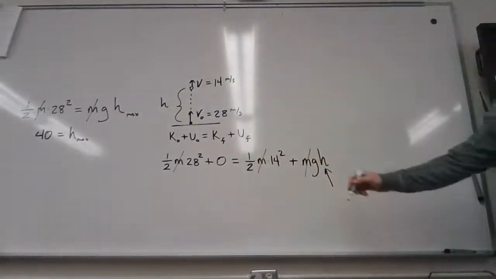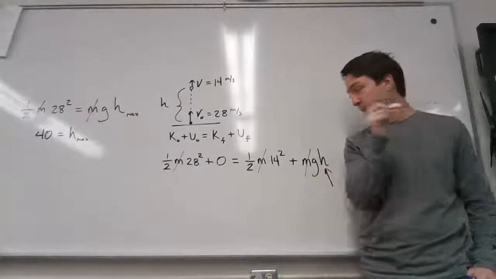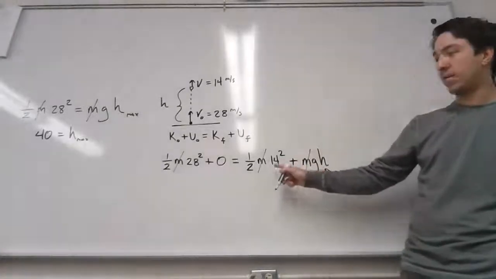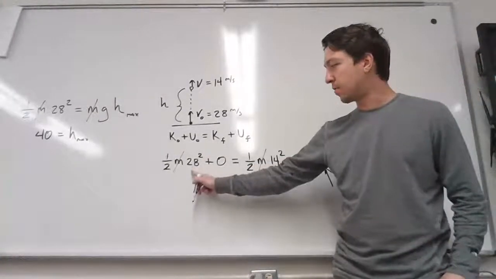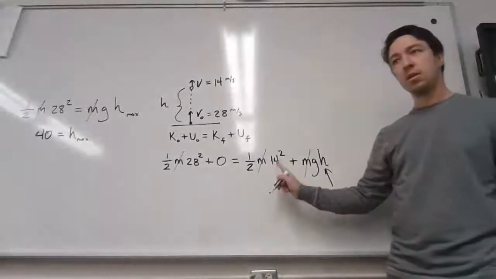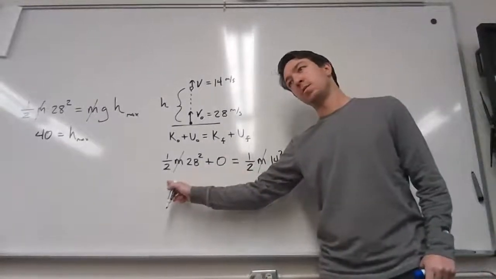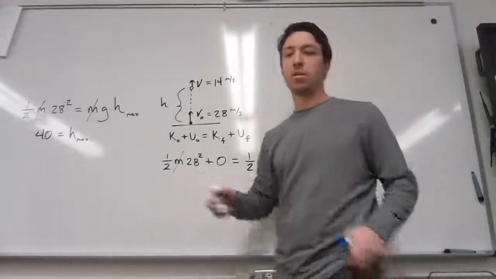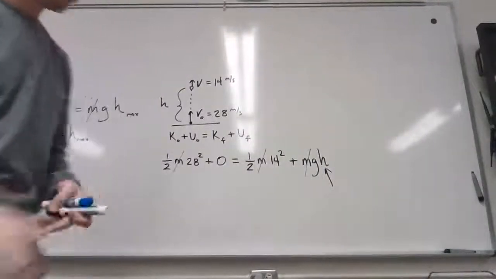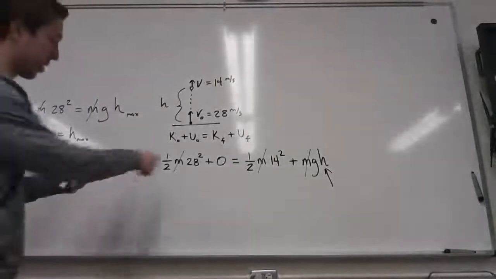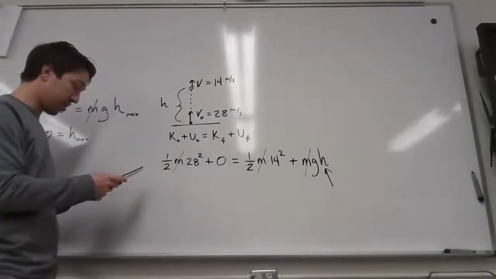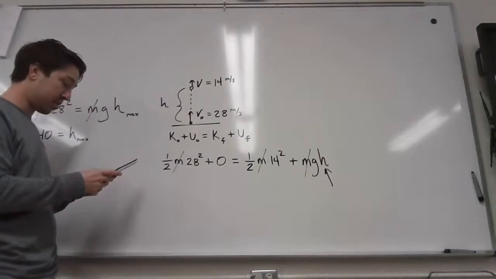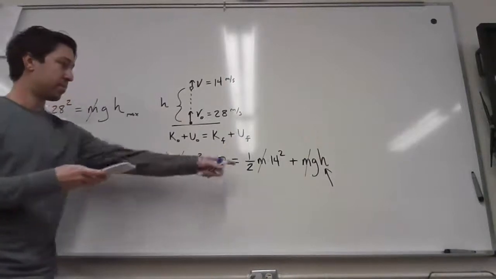And so here, I think is where we see what Winslow's talking about. If you didn't see it already, this number is 4 times bigger than this number. So when you subtract them, what you have left over is 3/4 as big a number as you had before. So there's your 3/4. So anyway, you go 28 squared divided by 2 minus 14 squared divided by 2.